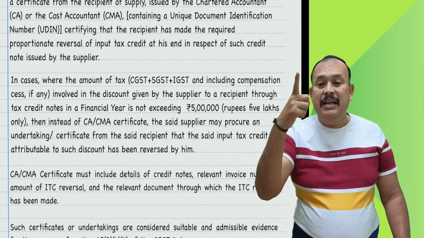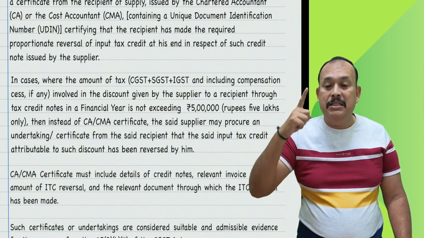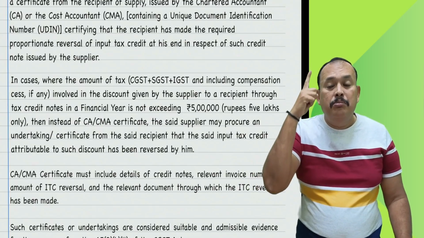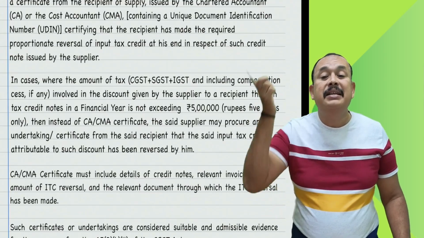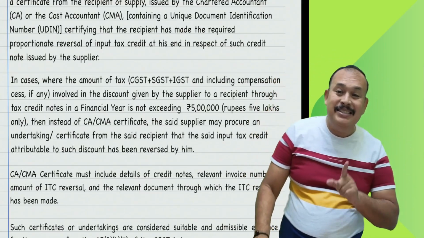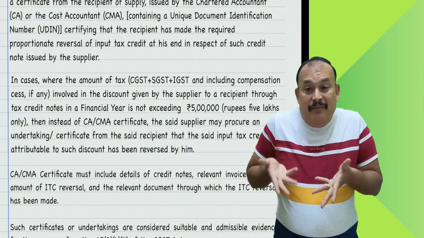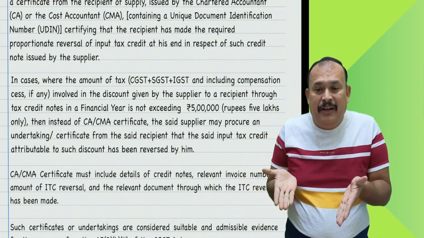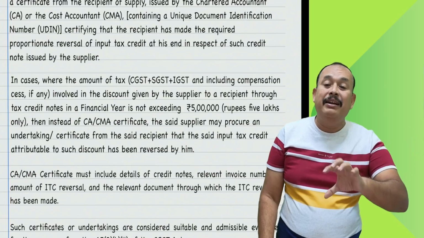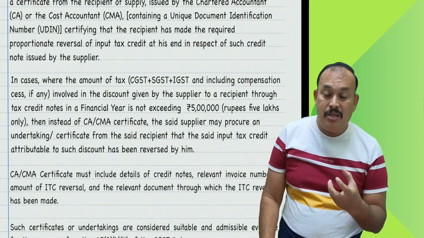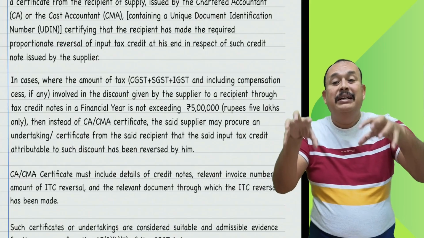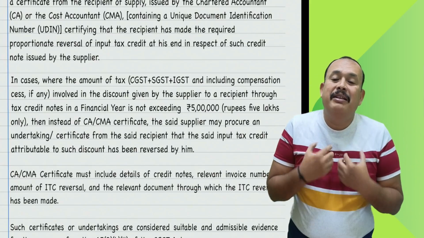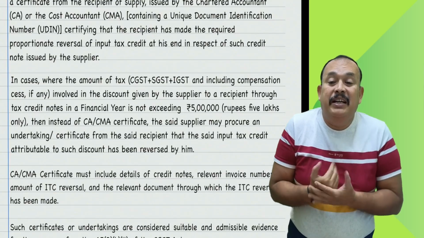A certificate should be obtained from a practicing chartered accountant or cost accountant by the buyer, and such a certificate should be made available to the seller. Hey seller, I reversed the credit. See, my order has been certified, and you take the credit. So like that, a buyer should issue the debit note, and based on the debit note issued by the buyer, the seller can avail the ITC and keep the certificate in his records.